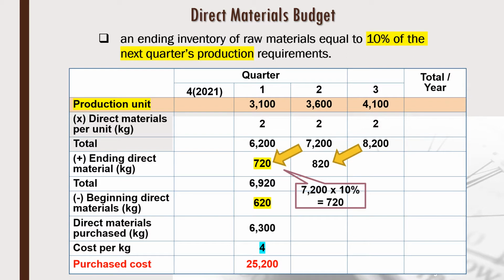So to get the ending direct materials in quarter 4 2021 is 6,200 times 10% equals 620. So the beginning direct materials in quarter 1 2022 is from the ending direct materials in quarter 4 2021.